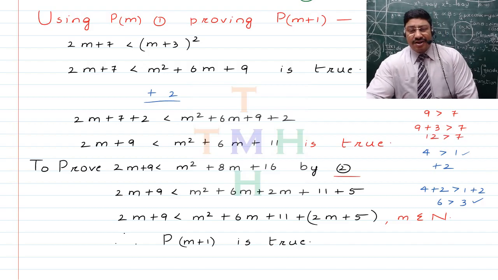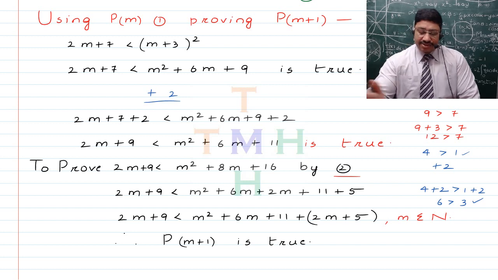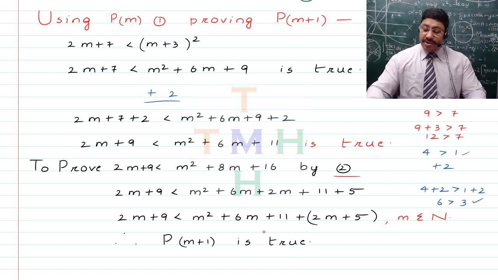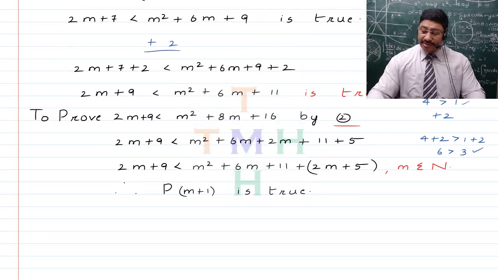So if one side is larger than the other side, and in the larger side you add a number, then it's going to become further large, and as such, it will still remain true. And therefore, we can say that PM plus 1 is a statement which is true.